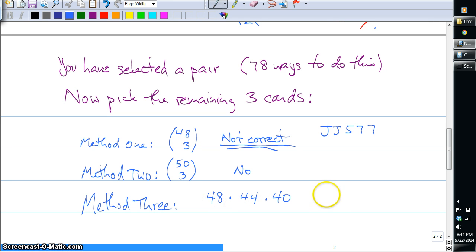This also is not quite right, and the problem with this count is that it would count the same 3 cards in the 3 additional cards drawn more than once.